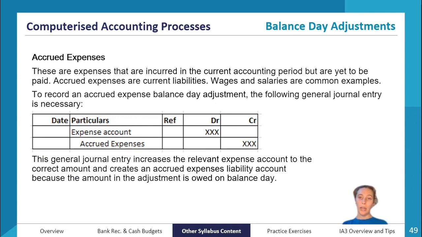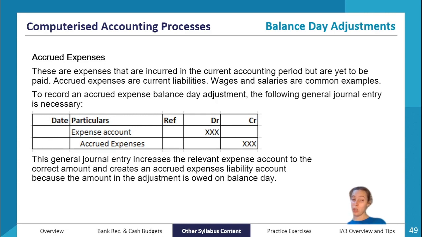So accrued expenses. These are expenses that are incurred in that current accounting period, but are yet to be paid. So these are a current liability. Wages and salaries are common examples. And to record this as a balance day adjustment, you need to have a debit to the expense account involved.